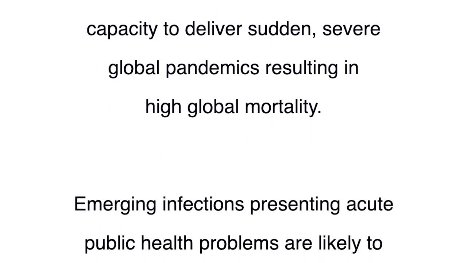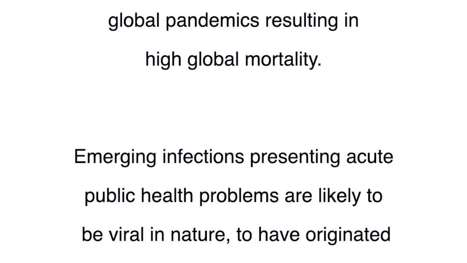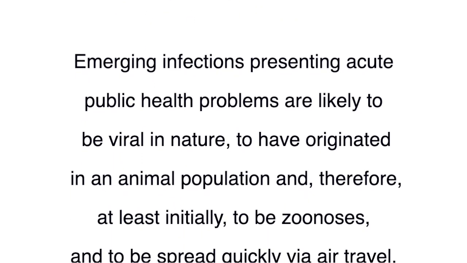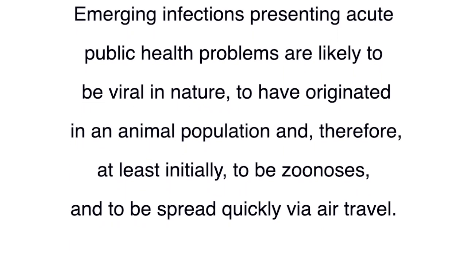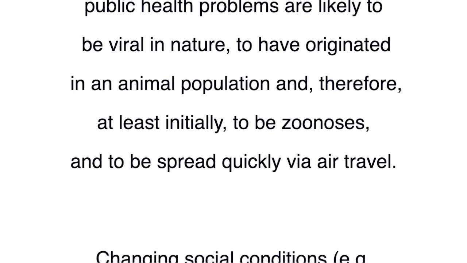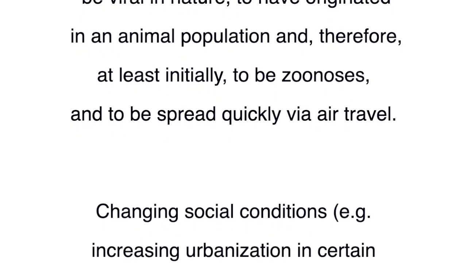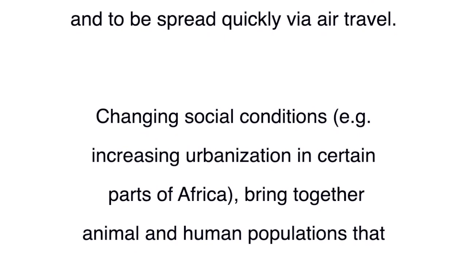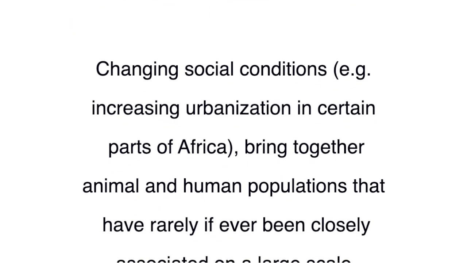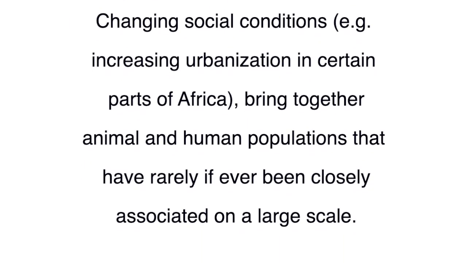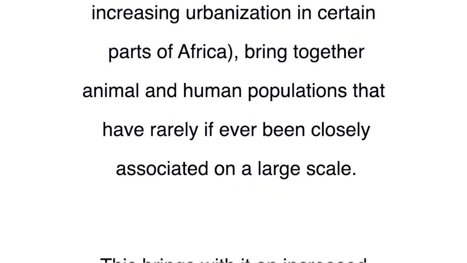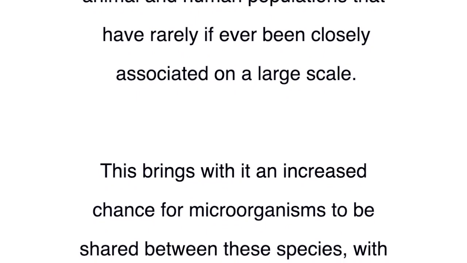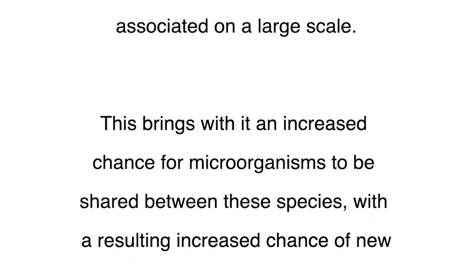Emerging infections presenting acute public health problems are likely to be viral in nature, to have originated in an animal population, and therefore, at least initially, to be zoonoses and to be spread quickly via air travel. Changing social conditions, for example, increasing urbanization in certain parts of Africa, bring together animal and human populations that have rarely, if ever, been closely associated on a larger scale.